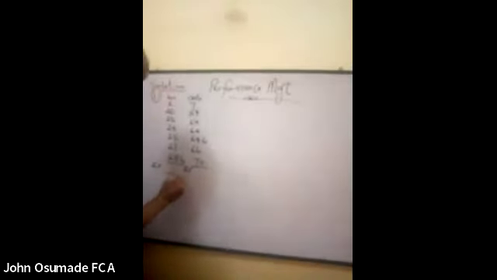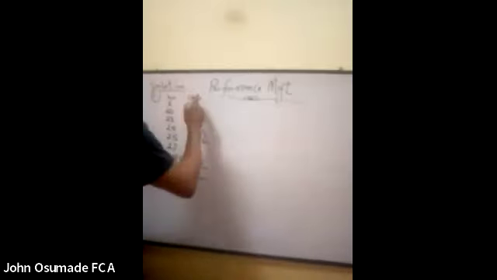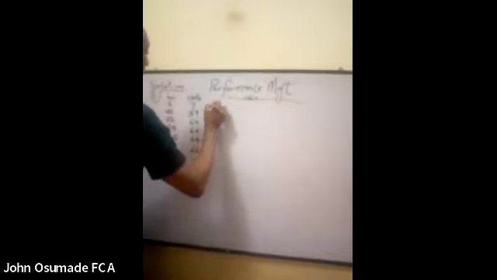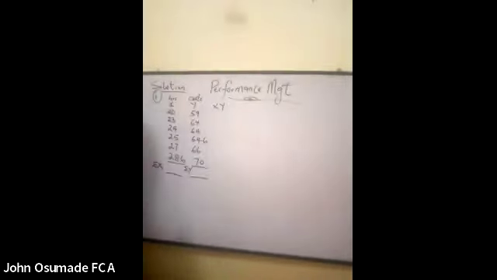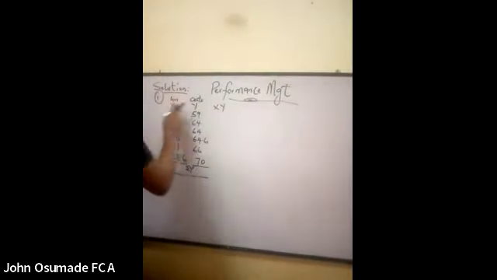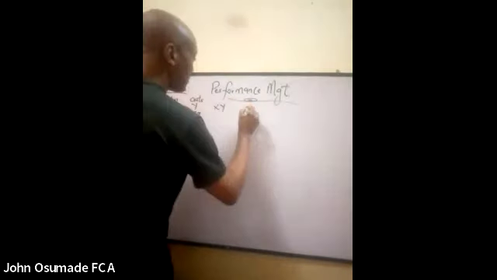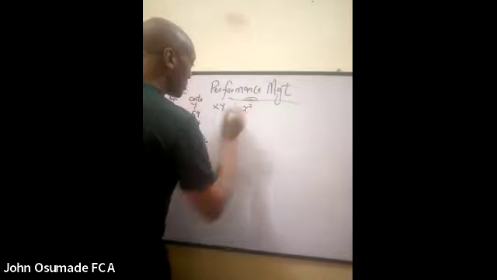We give you the total of x and the total of y. Then we have xy, that is the multiplication of x and y. If you look at both formulas for B and A, you will notice that we have xy. Then we also have x squared.